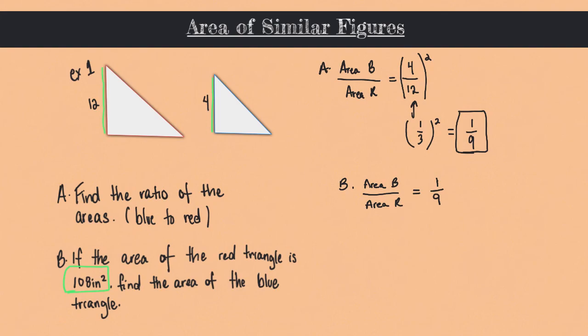Okay, that is the square of the ratio of our corresponding sides. So now we're going to go ahead and substitute. The area of the blue is something we don't know, we're trying to find, so we're going to use the variable x to represent that unknown. And then we're told in the question what the area of the red triangle is. So we can substitute that in there, 108.